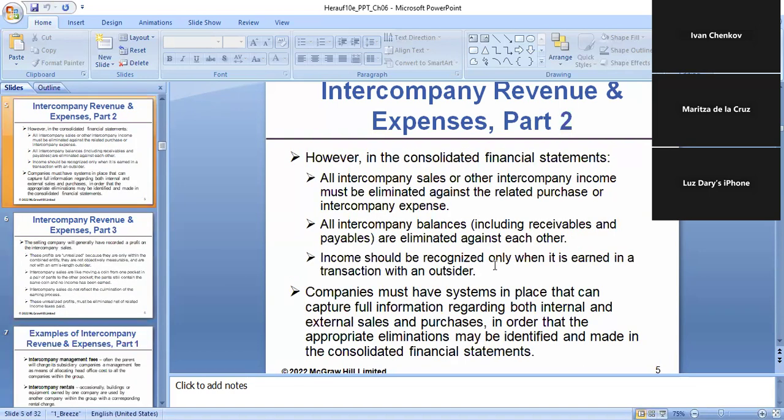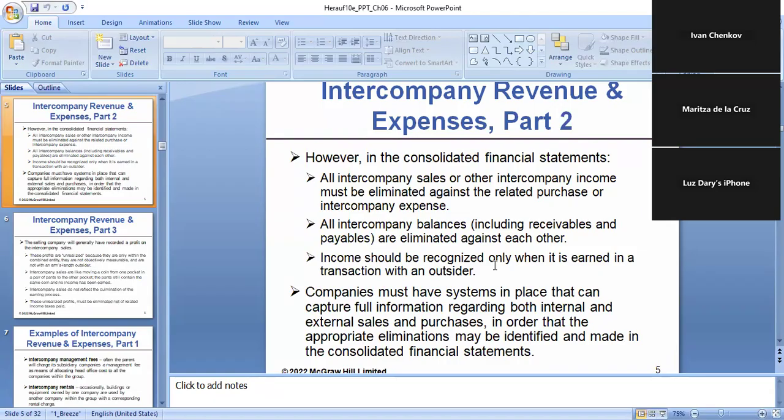However, on the consolidated financial statements, all the intercompany sales and intercompany income must be eliminated against the related purchases or intercompany expenses. All the intercompany balances, accounts receivable and accounts payable, have to be eliminated.